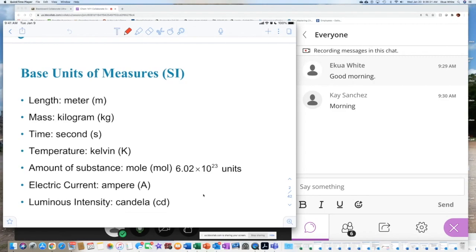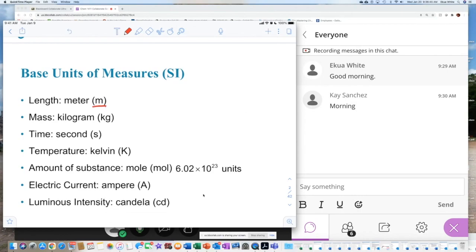Now, in general chemistry, we don't get to do all of these measurements. At some point, we may measure length. Now, the length, depending on the object and the size you're measuring, it may be a large object or a small object. But for the most part, length is measured in centimeters or inches. And then in calculations, it's converted to meters.